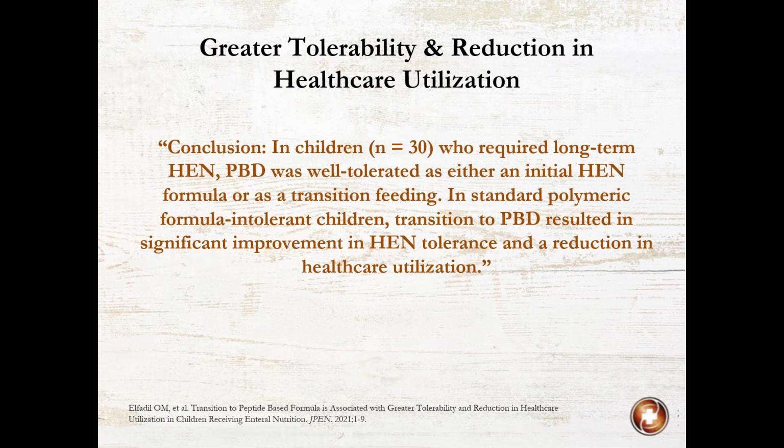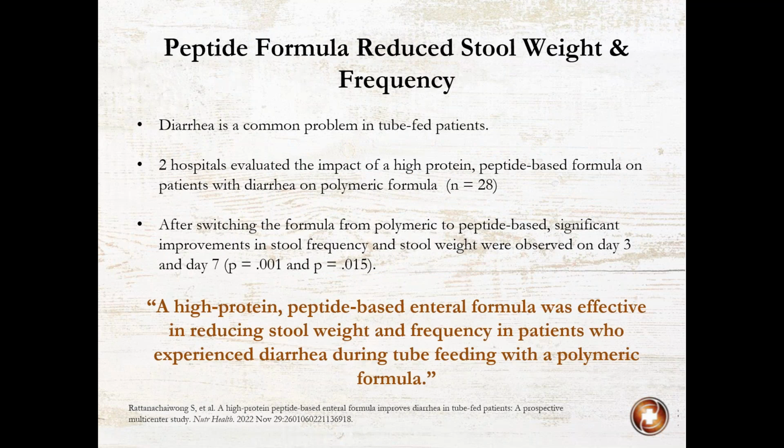There was no reported abdominal pain, cramping, gas, bloating, or constipation. And again, we saw a significant decrease in provider visits, phone calls, or emergency department visits. So, we're seeing this trend where it overall decreases healthcare costs, and it's due to the peptide-based formulas being better tolerated.